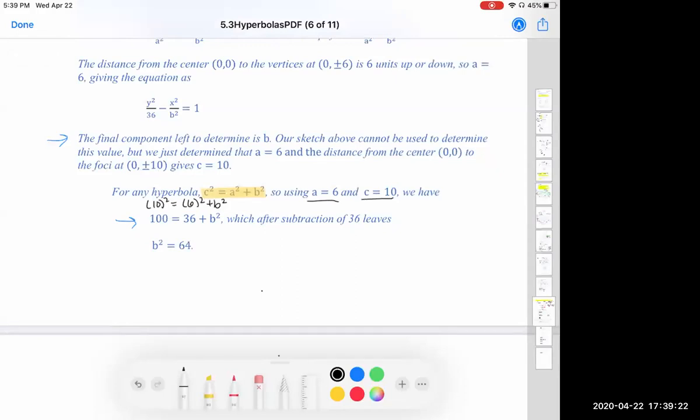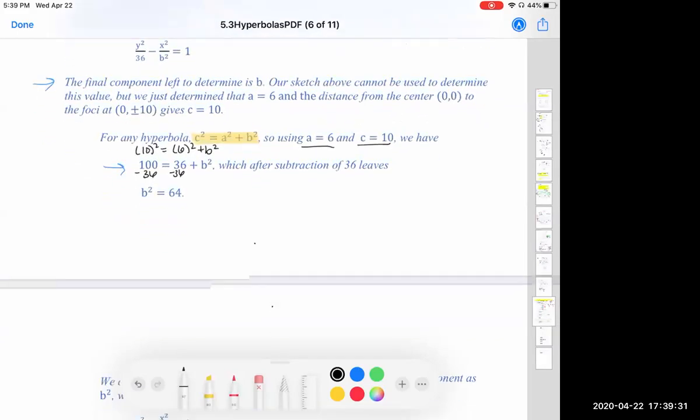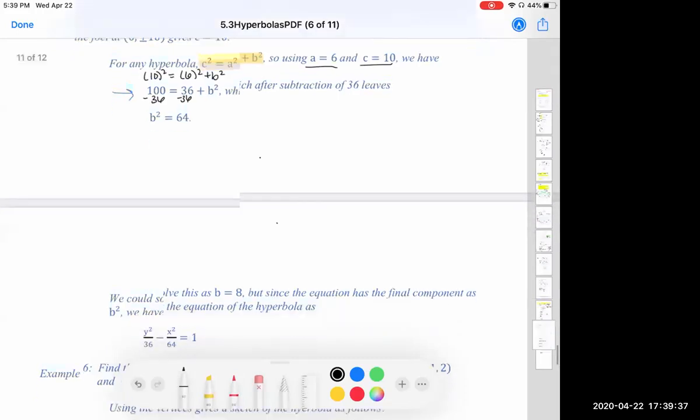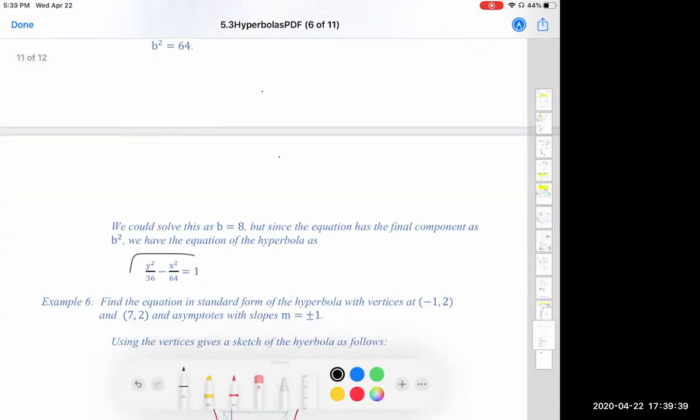All right, we do some work. Minus 36, minus 36. So we're left with b squared equals 64. We take the square root, or we don't need to because we want the squared one. So we have our b is 8, but we write 64. So this would be our final answer, because we always write the number squared on the bottom.